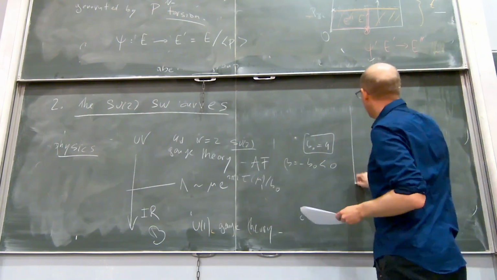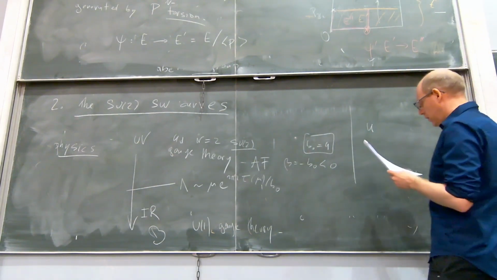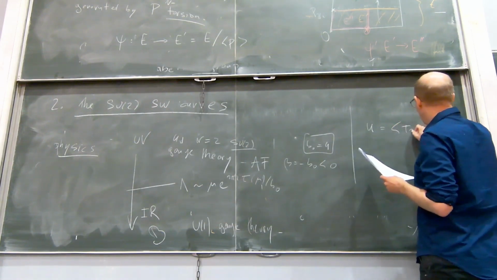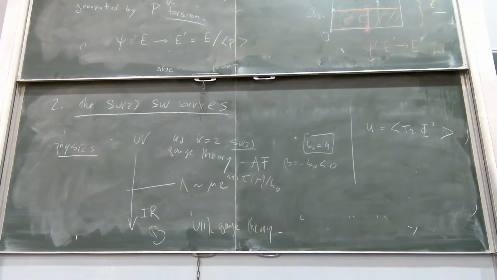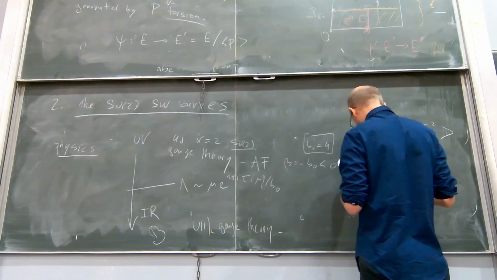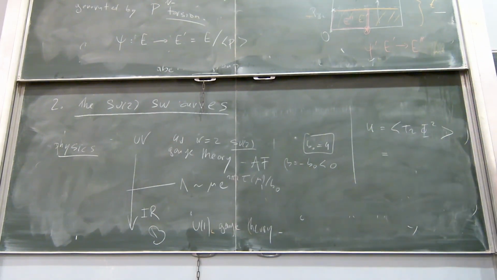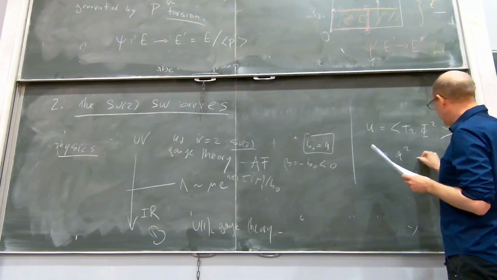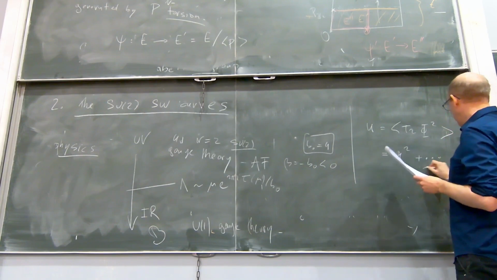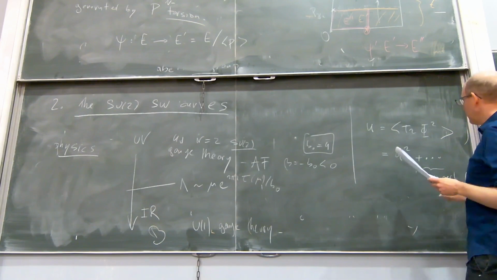So in physics, my u parameter, which is the local coordinate on the Coulomb branch, is the trace of the gauge invariant things you can build from the scalar in the vector multiplet, so the Coulomb branch operator, the Coulomb branch K ring. That's the K ring that we said is boring because indeed this is just C. So that's what Carla was saying. Classically, this goes like a squared plus non-perturbative corrections, and they're important.